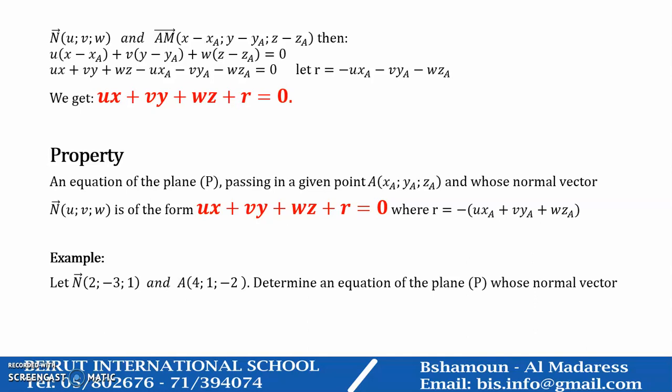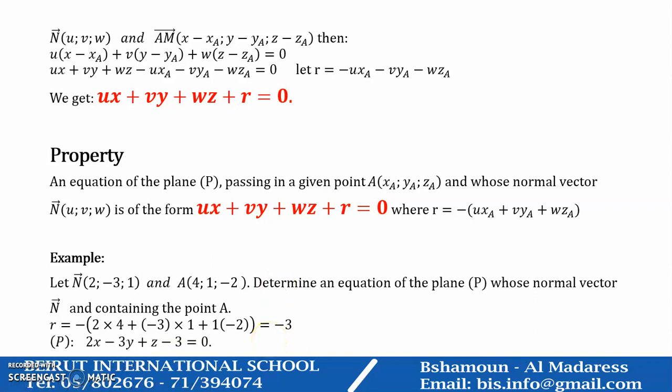R equals minus (uxa plus vya plus wza), so we multiply 2 times 4 plus minus 3 times 1 plus 1 times minus 2, and of course we take minus of this, so we obtain in this case r equals minus 3 and the plane 2x minus 3y plus z minus 3 equals 0. Why 2x? Because u equals 2, v equals minus 3, w equals 1, and r equals minus 3.